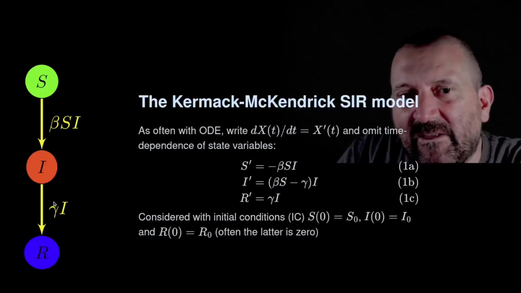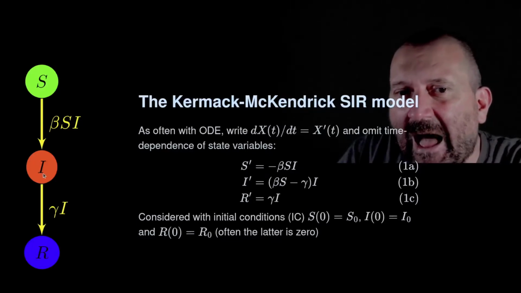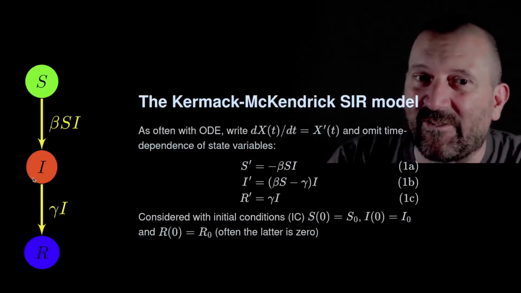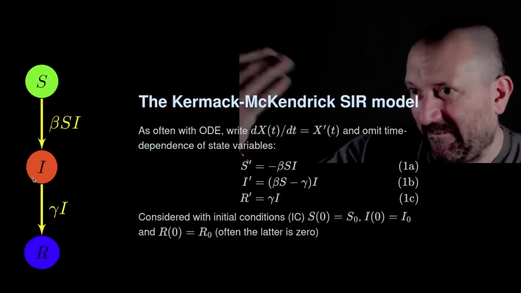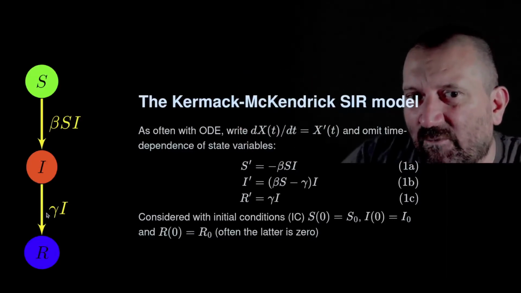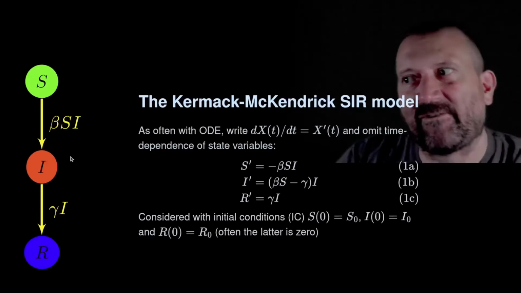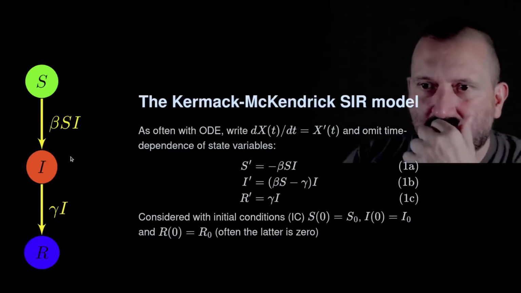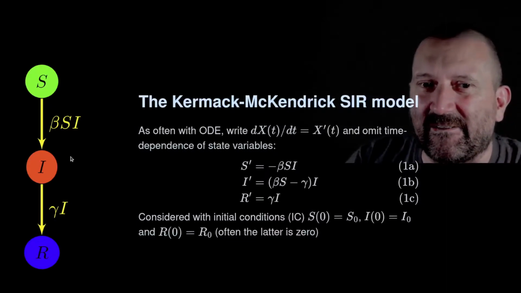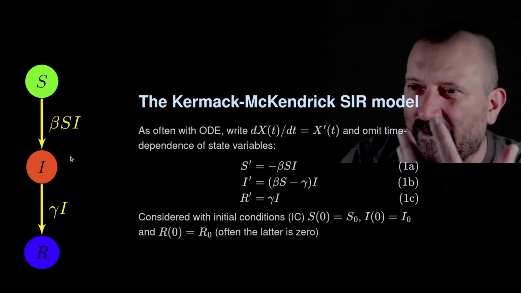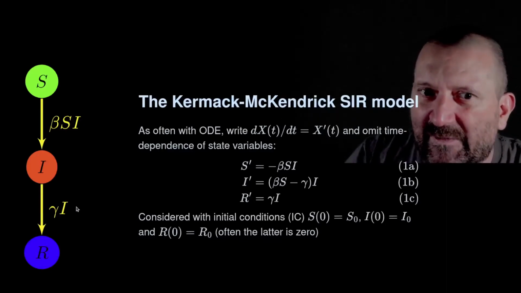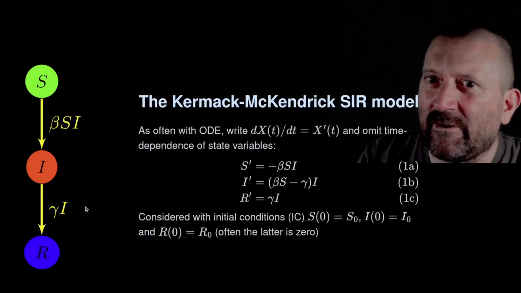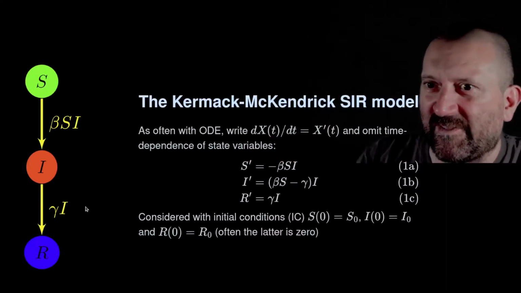This per capita rate gamma I means that the average time of sojourn, the average time of residence of individuals in I before they move to R, is 1 over gamma time units. I'm not going to go into the details of this reasoning, but it's a classic property. When you have a so-called per capita rate in compartments, this means that the time of sojourn in the compartment is 1 over this rate.